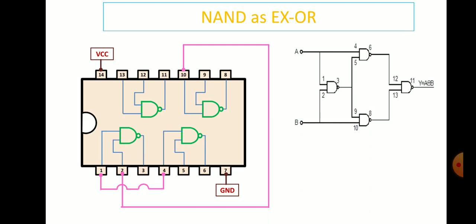Then pin number 5 and 9 are interconnected. The first gate output from pin number 3 is connected to pins 5 and 9.